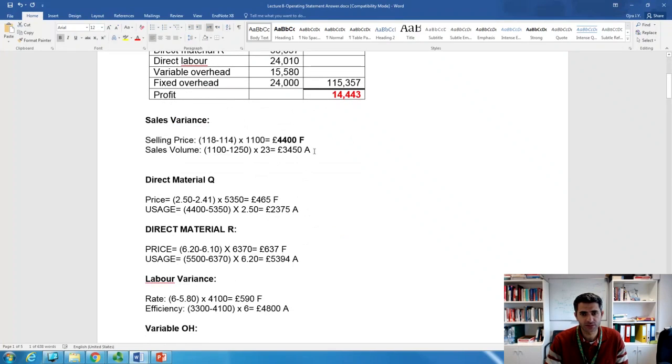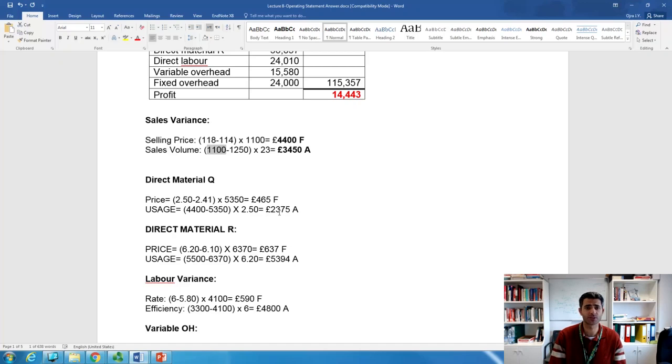If you do it, you should find the answer is 3,450 pound adverse. Why is it adverse? Very simple, because as you see here, the actual unit sales are less than the budgeted sales in units. So that's why we have adverse here.